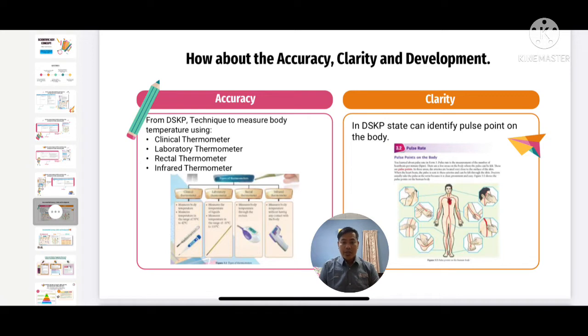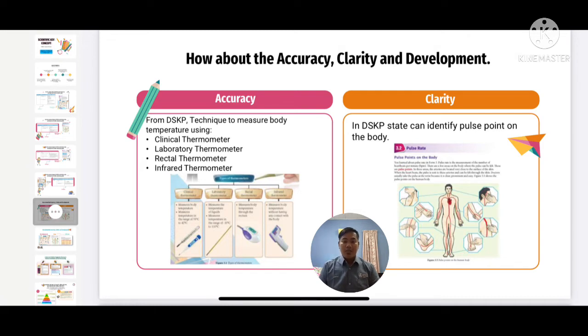Let's look at accuracy. The DSKP suggests introducing the right technique to use a thermometer to measure body temperature. The DSKP suggested 4 types of thermometer to measure the body temperature: clinical thermometer, rectal thermometer, laboratory thermometer, and infrared thermometer.